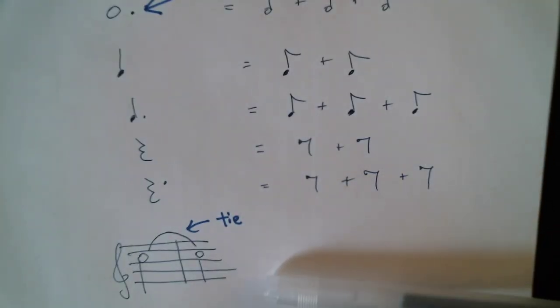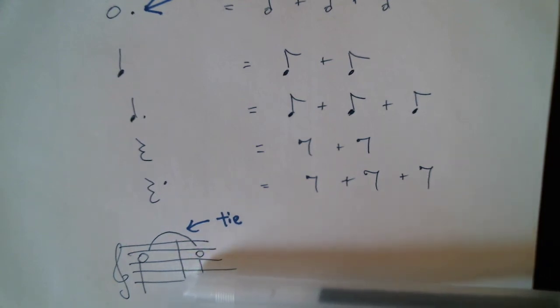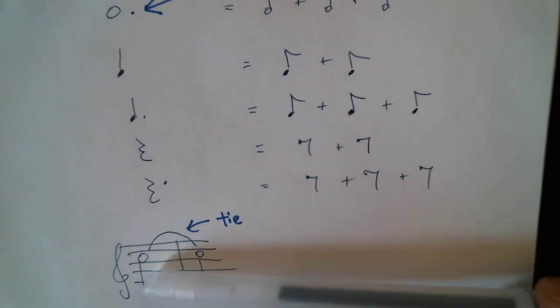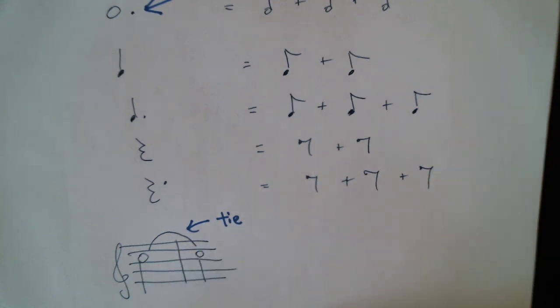Or we can tie 2 notes together across a bar line. And that means you as a composer are asking the player to not play 2 notes, but play 1 note that equals the addition of these 2 notes' durations together. So take a look at this and think about this in kind of simple math terms. That's all it is.